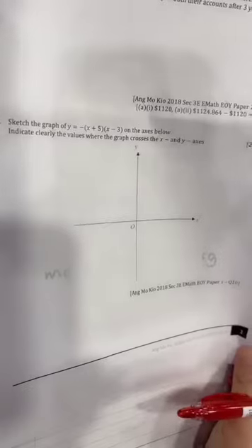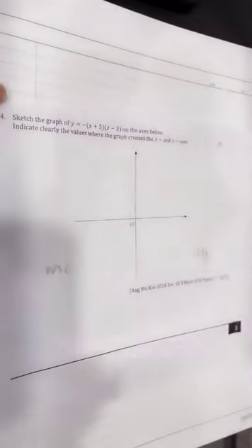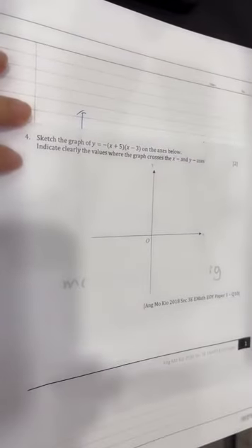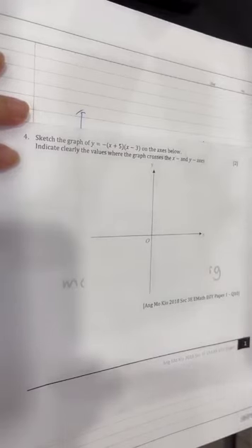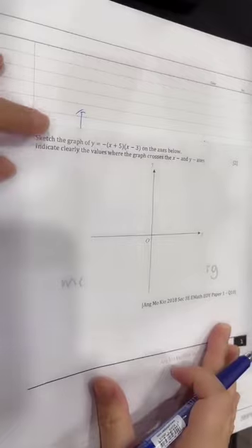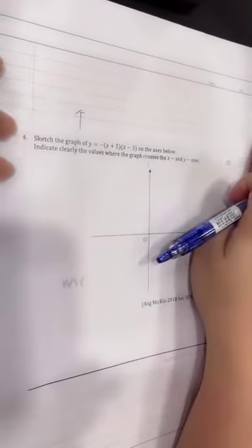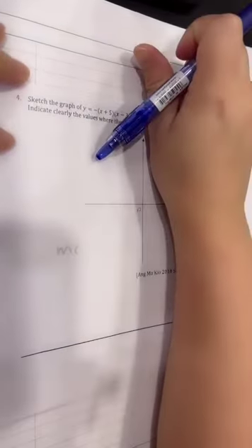Next, we're going to go sketching the quadratic graph. You need to sketch the graph of this function. I'm going to use my blue pen. First of all, you need to know whether it is a happy face or a sad face.